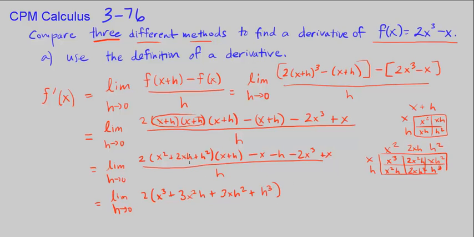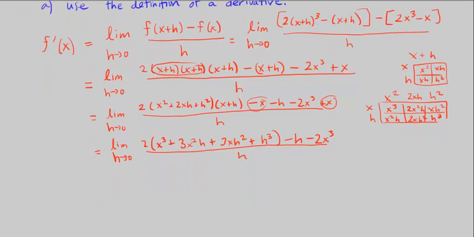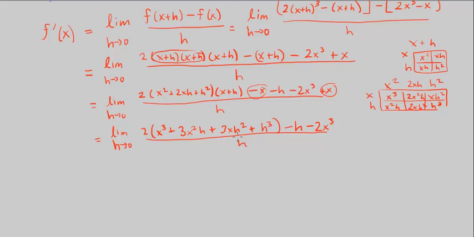So that's these two terms being multiplied. Minus x minus h minus 2x cubed plus x. Well, this negative x and this x cancel out, so we just have minus h minus 2x cubed, right? All over h. So a lot of the derivative using the definition to find it is just a lot of algebra and simplifying.